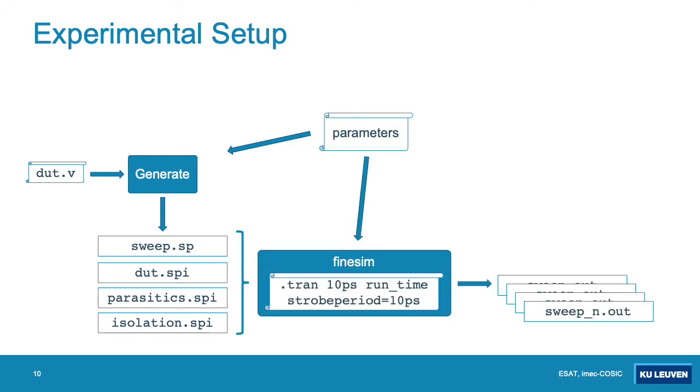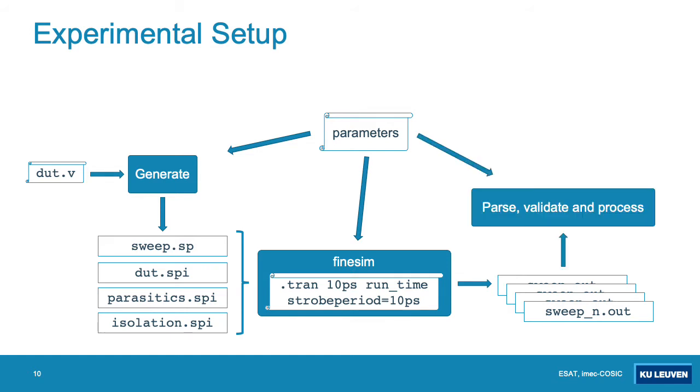Then we run the SPICE transient simulation using a 10 picosecond step, generating simulated traces for each of the points of interest. So there are already going to be a lot of simulations. Next, we use custom parsers to validate the functionality and process the SCA data, moving then to the SCA evaluation.